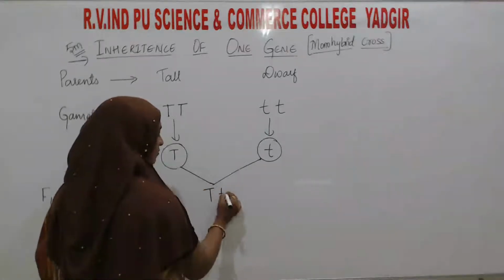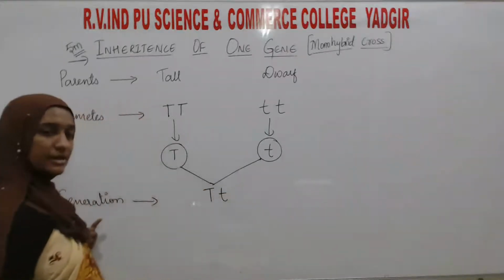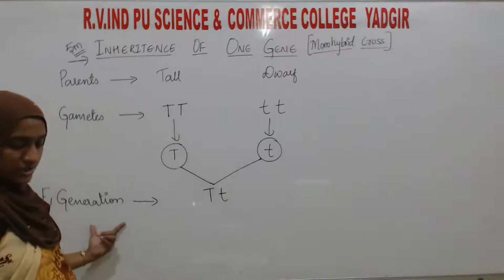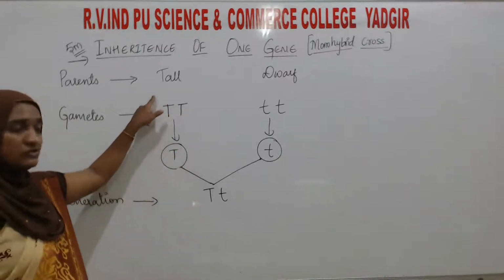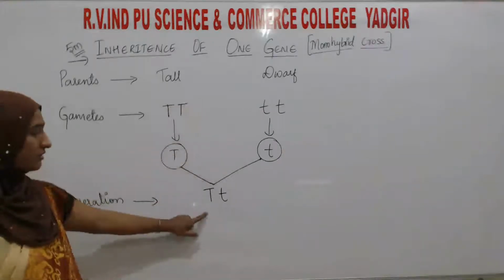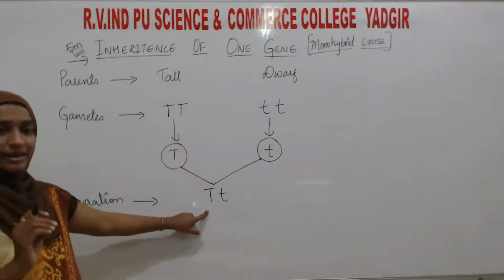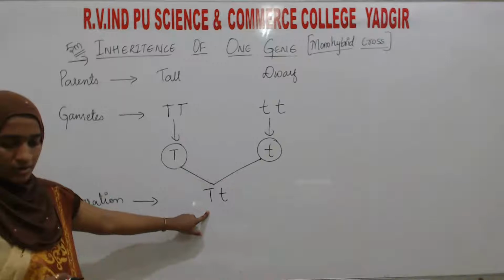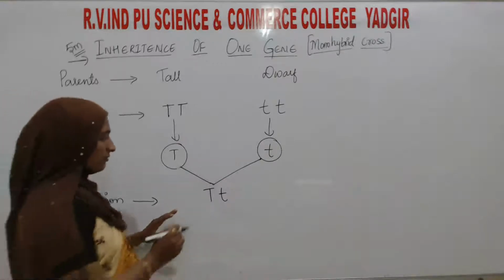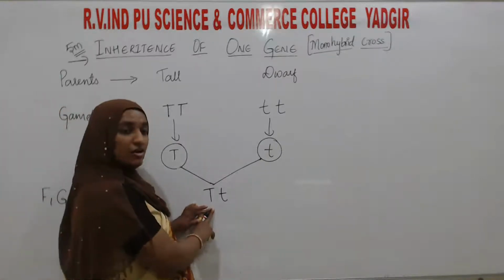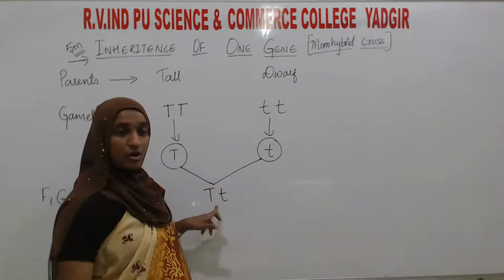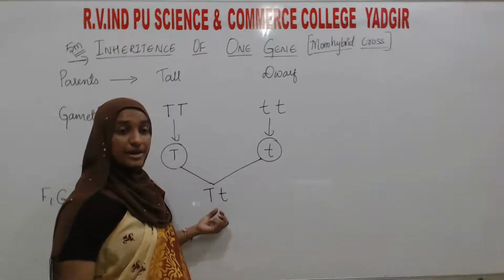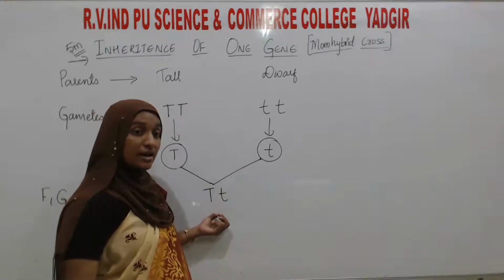Capital T and small t. This I am writing as the F1 generation or offspring. After crossing both this tall and dwarf plant, we got this plant, that is capital T and small t. Okay. So first of all, capital T is the dominant character. Capital T is always dominant. So what can we write here?